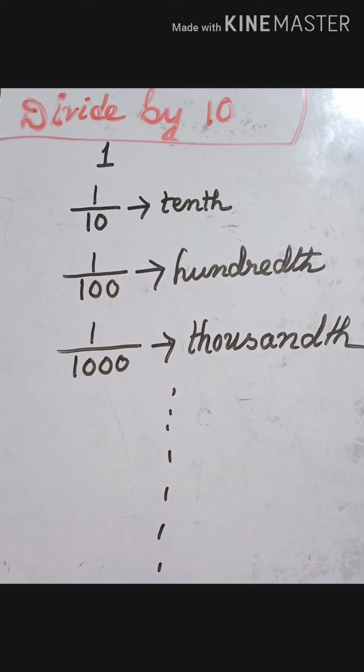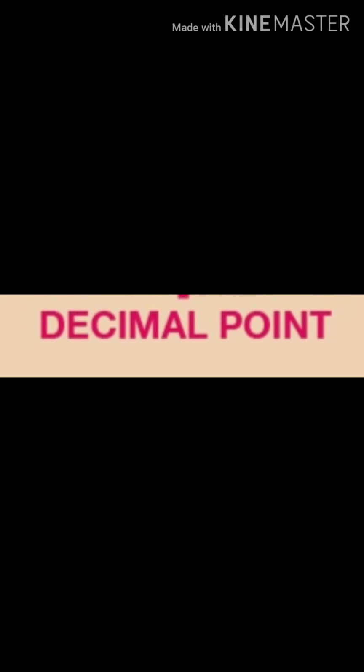With this, we can accommodate numbers which are less than 1. Now we will see how it helps us. Now we will talk about the decimal point.